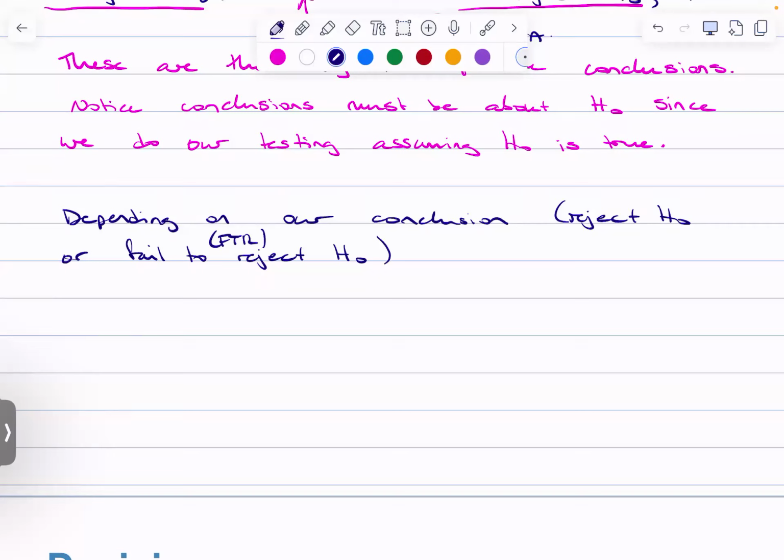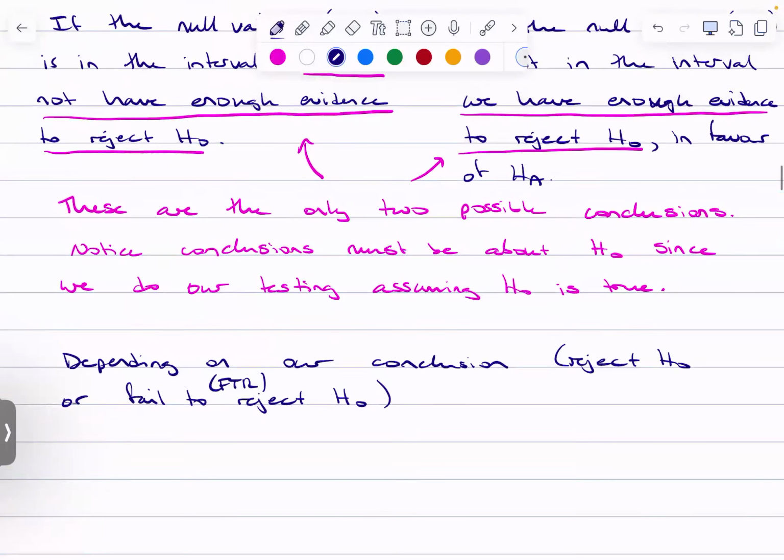Right? There is not enough evidence to reject H naught. Notice how I'm working very hard to not use the word accept, right? Because accepting ignores that 5% chance that I'm wrong, right? And so you want to be really, really careful that you never accept a hypothesis, okay? Because we could be wrong.